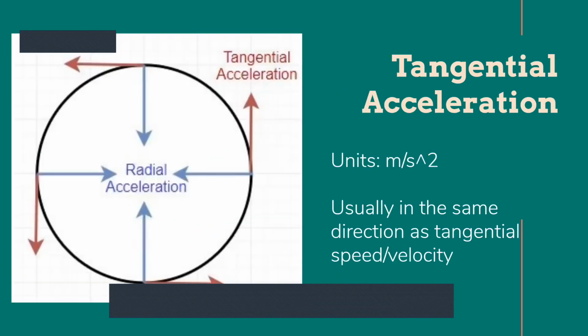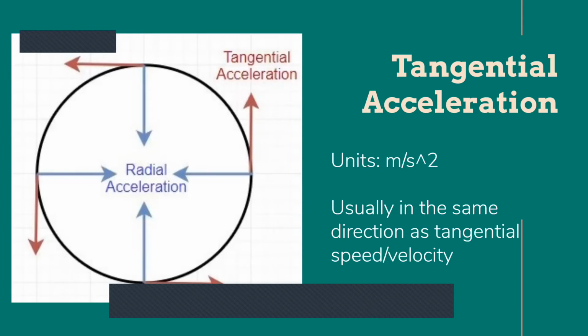All right, so we also talk about tangential acceleration. Tangential acceleration is also usually in the same direction as tangential speed or velocity. The reason why is because when something is moving in a circle, it's constantly curving. The tangential velocity vector is always perpendicular to the radius or the center.